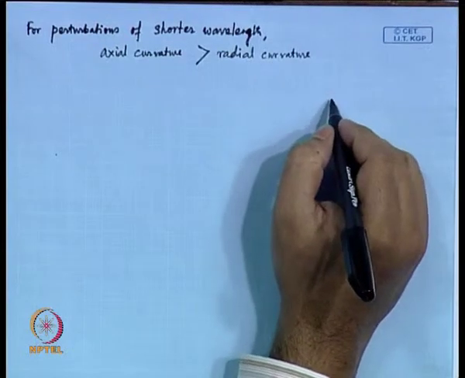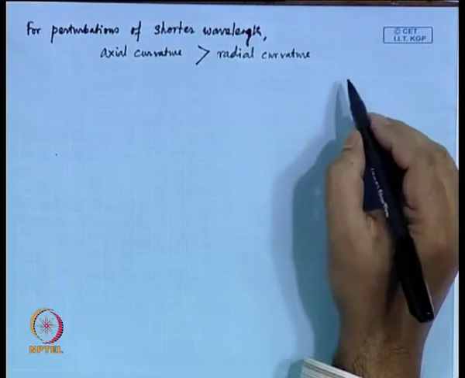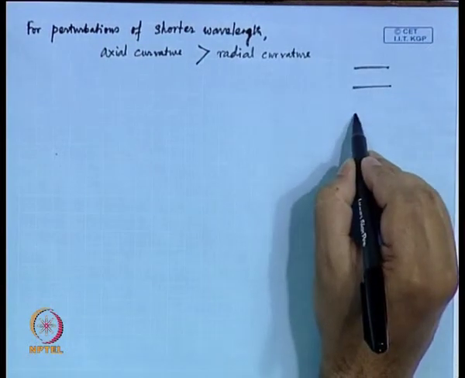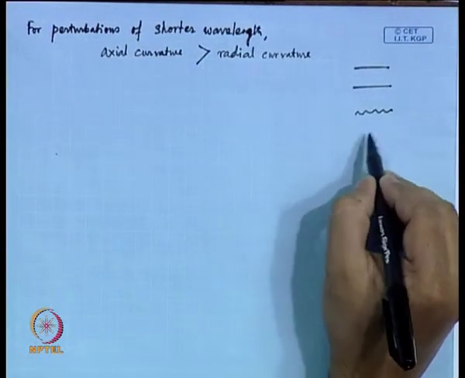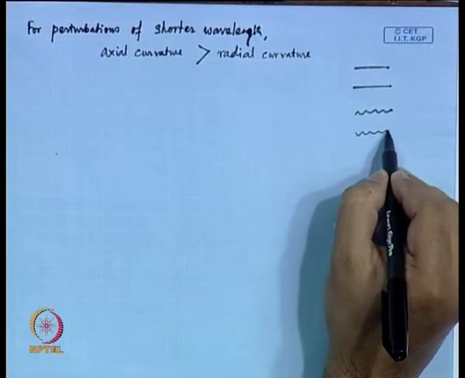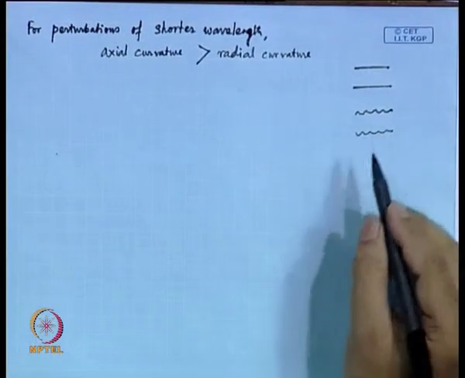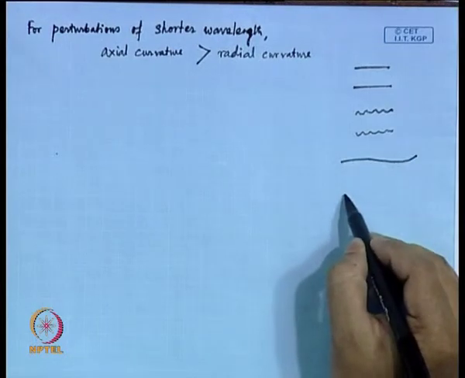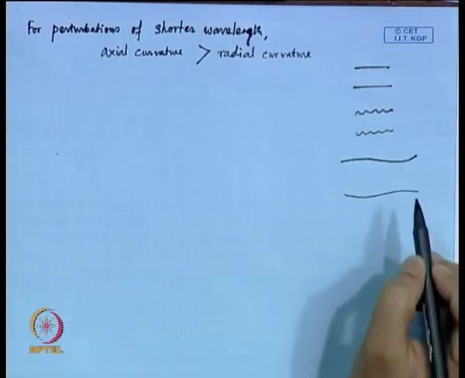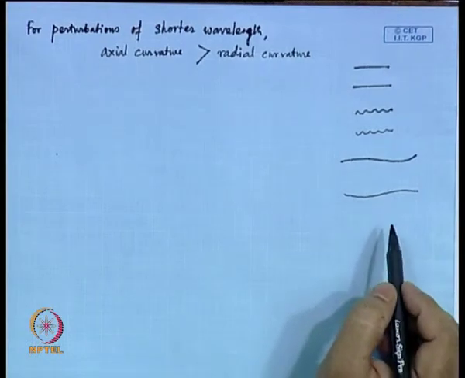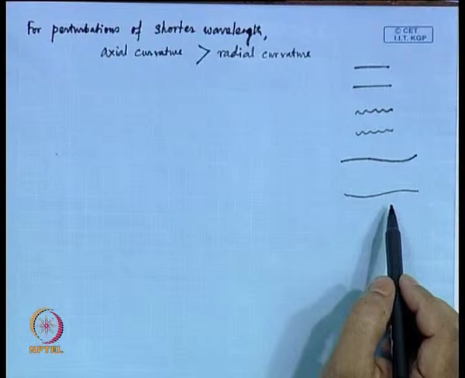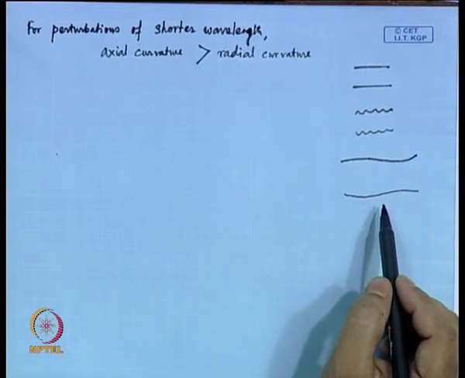What does shorter wavelength mean? If this was the cylinder, shorter wavelength means this, and what does larger wavelength mean? Like this, right. So, for perturbations of shorter wavelength, the axial curvature is greater than the radial curvature.